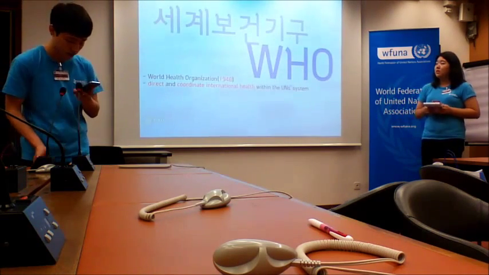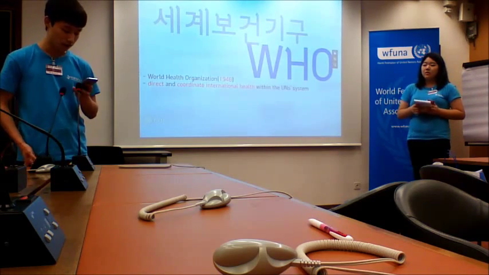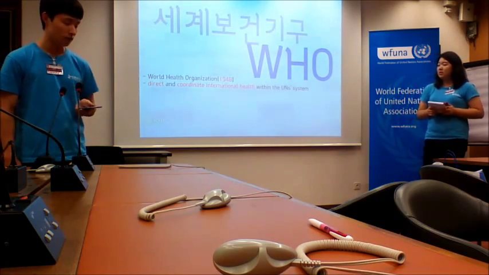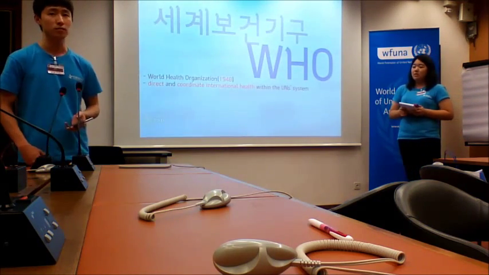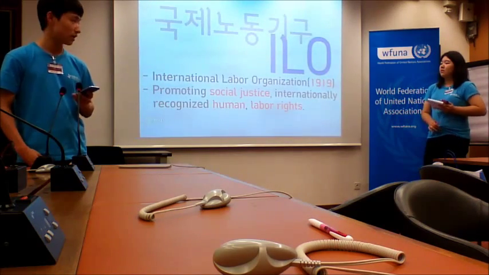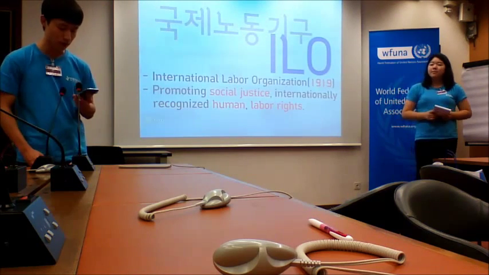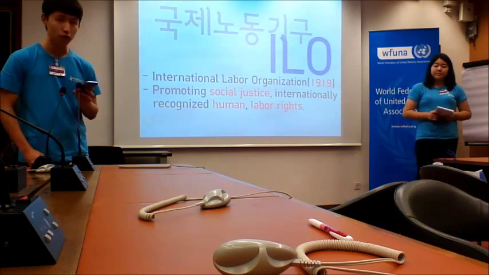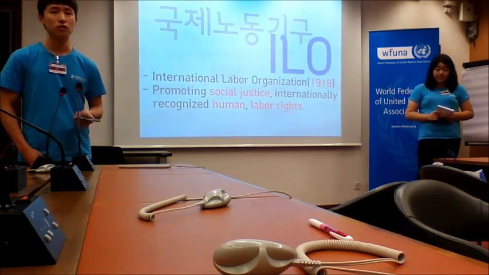The World Health Organization, WHO, was founded in 1948, and it directs and coordinates international health within the UN system. And the next one is the ILO, the International Labour Organization. It was formed in 1919 to promote justice and recognize human labor rights.